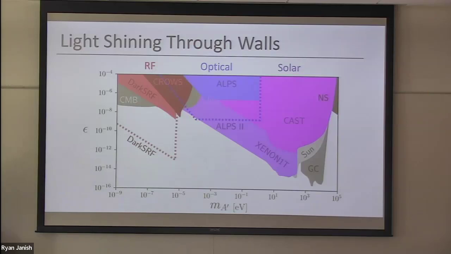Yeah, I guess so. But the Primakoff is still like you're bremsstrahlung-ing a photon that mixes into the axion, right? So I would still consider it. Usually for light shining through walls, I think I need a magnetic field for the axion, because it converts in a magnetic field.